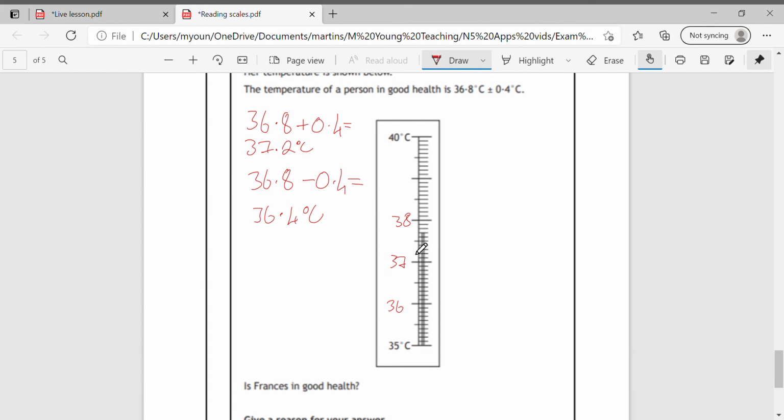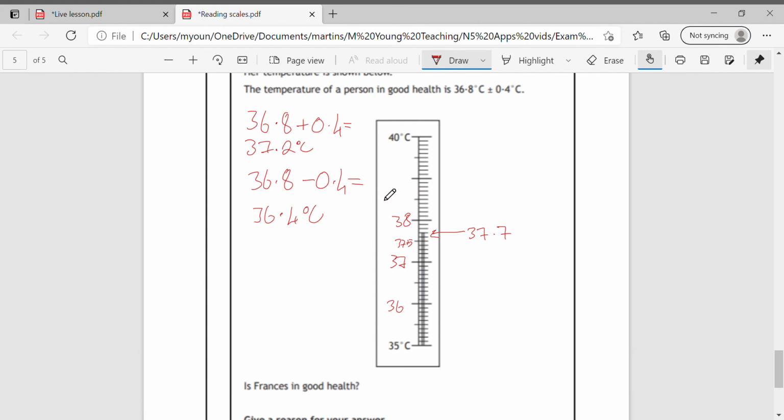Hopefully you can see that this line here is going to be 37.5, and then we are making a jump of 0.5 in 1, 2, 3, 4, 5, so each of those is worth 0.1. So the temperature this person is actually at is 37.7. Take a wee bit of time if you need to pause the video, just make sure you're comfortable with how we get that.